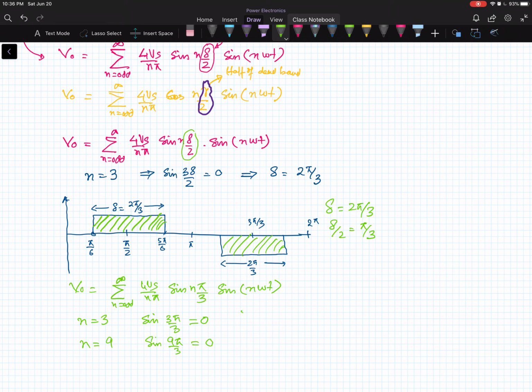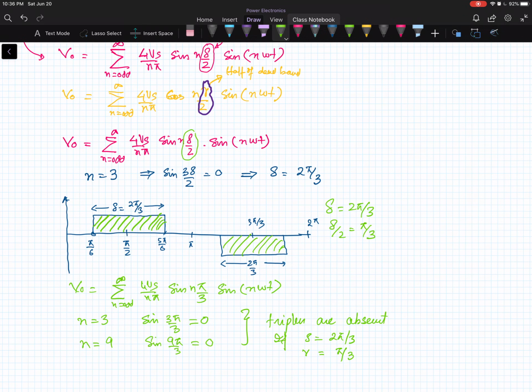So all the triplens are absent, so no triplen harmonic is present. So triplens are absent in the quasi square waveform if del is equal to 2 pi by 3, that is the pulse width in each half cycle, or if I say the dead band is gamma, that is equal to pi by 3, a 60-degree dead band, equally distributed on both sides.